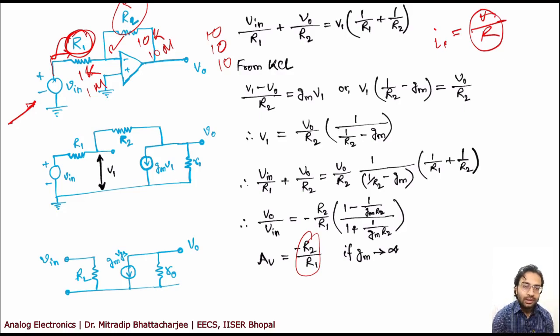So one may think, then why can't we put a very high value? Let us put it 100 or maybe say 10,000 mega ohm, and here I put 1 mega ohm, so we will get an 10,000 gain very easily, right? Or maybe higher, 10,000, why 1 lakh mega ohm you put.